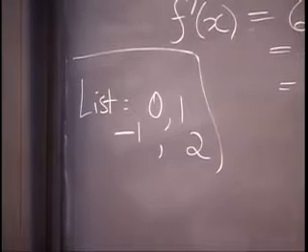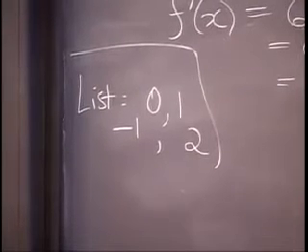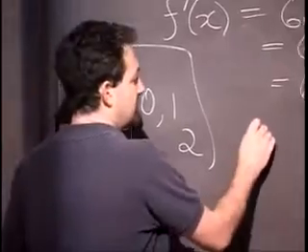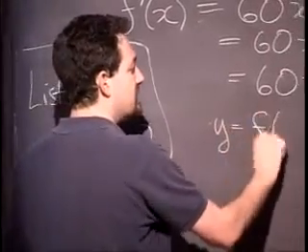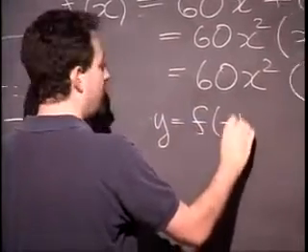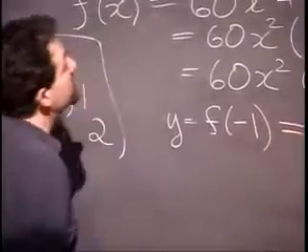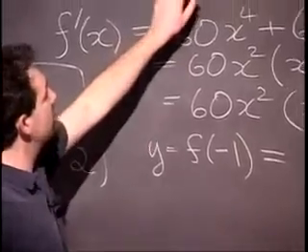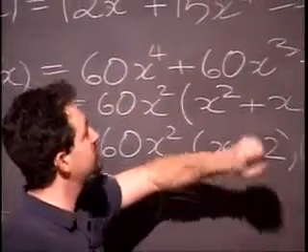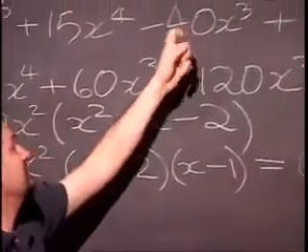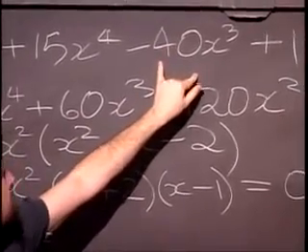So, how do I know which one is which? Well, I just plug them in. Plug it into y is f of, say, minus 1. That's one of the ones on the list. If you plug minus 1 into the original equation, you get minus 12 plus 15 is 3, plus a further 40.